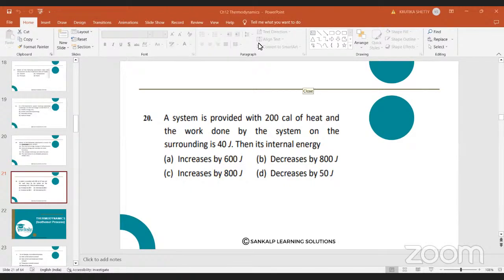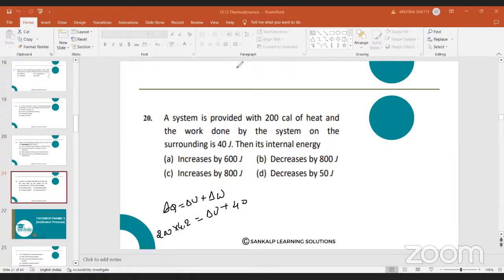We take delta Q equals delta U plus delta W. Here delta Q is 200 calories, so convert it into joules, 200 times 4.2, and delta W is 40. So delta U equals 200 times 4.2 minus 40. What is the answer?